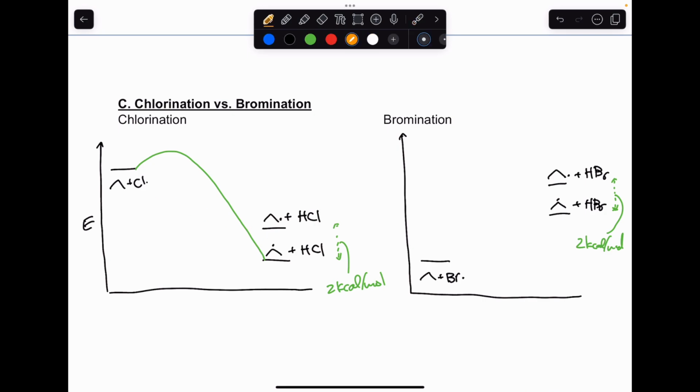And then to get to the primary, you might have to overcome a little bit more activation energy, and it ends up there. Okay, now for the bromination, transition state is higher than the intermediate that you settle on, so it must be like that. Now for the other species, it must be like that, right?